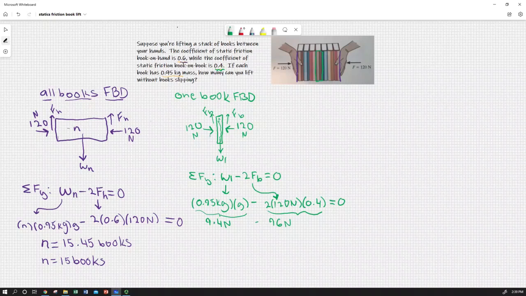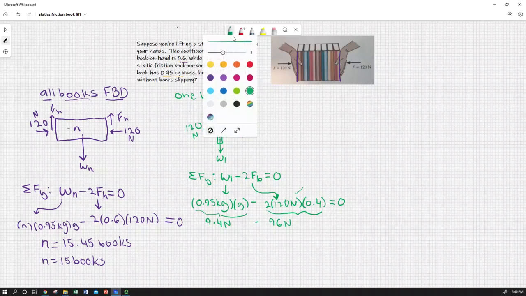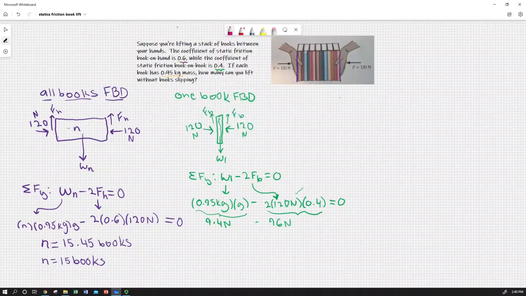So could we extrapolate on this and draw an FBD that encompassed as many books as we had frictional force to accommodate, and keeping that book-on-book situation going? So if we can draw a one-book FBD, well, we can use that same approach to calculate multiple books.